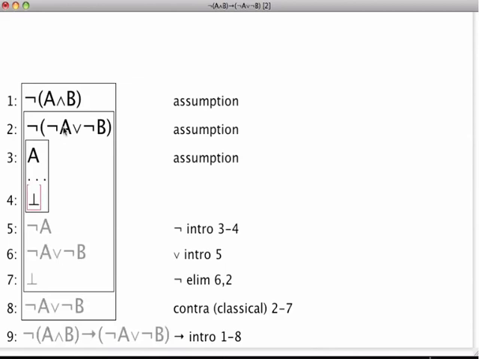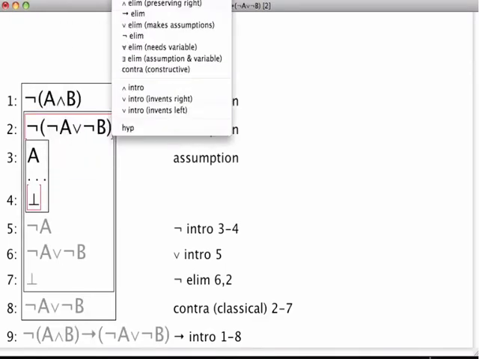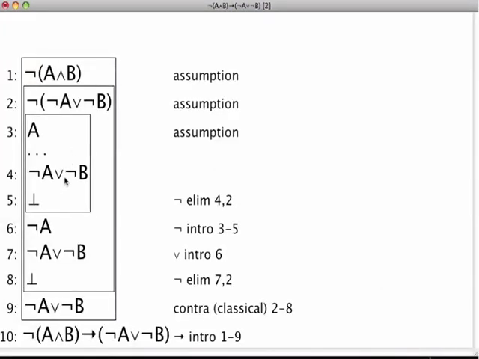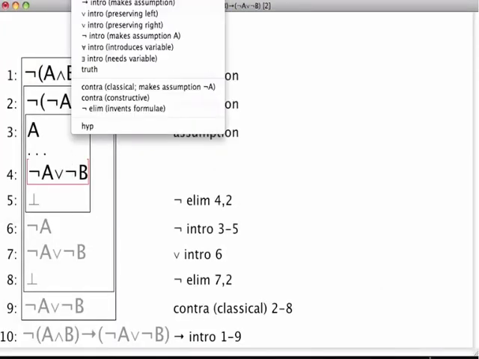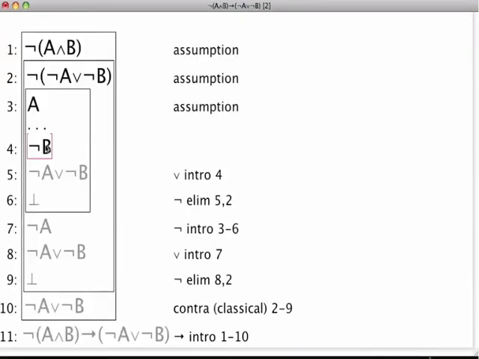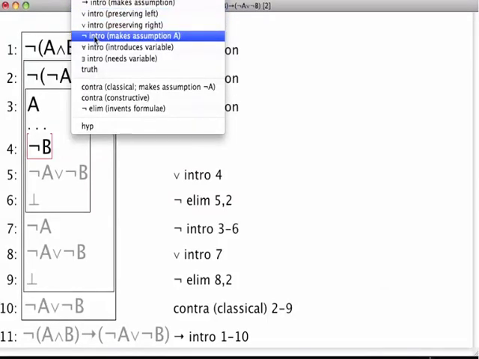And here we took this one and did a not elimination. And then we can take this one and go backwards and do an OR intro, preserving the right. Okay, and we go backwards. Do a not intro.